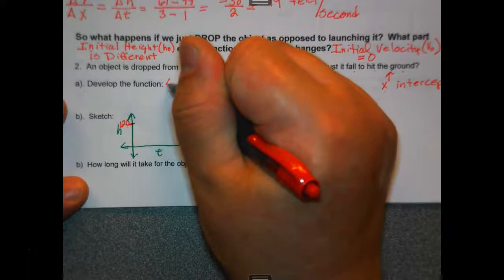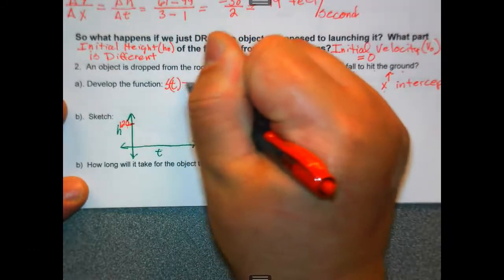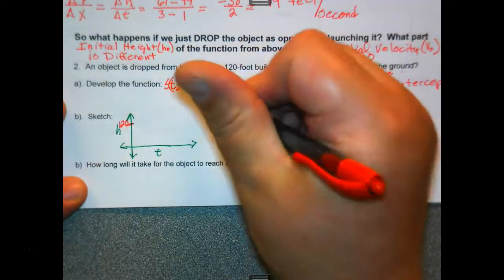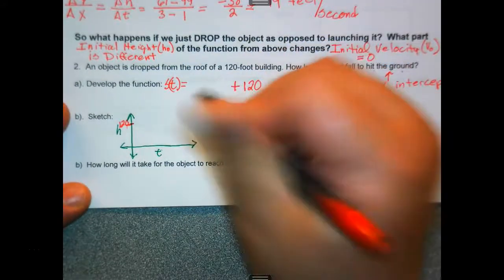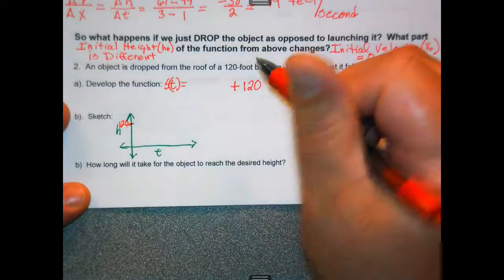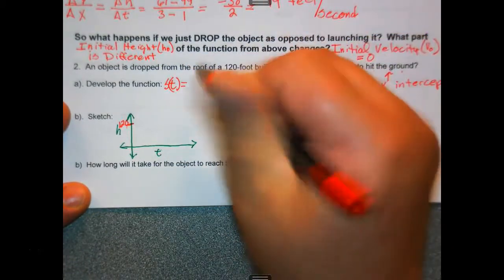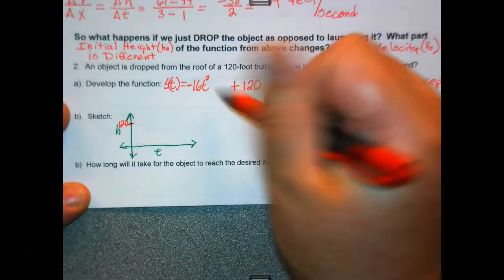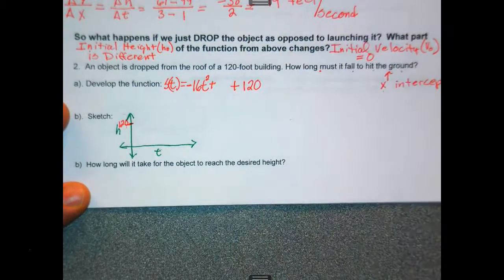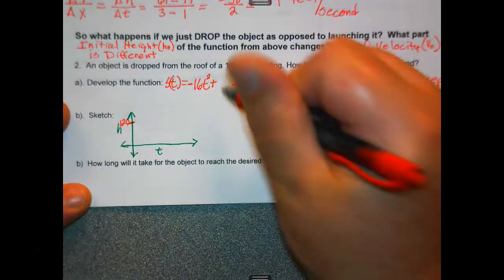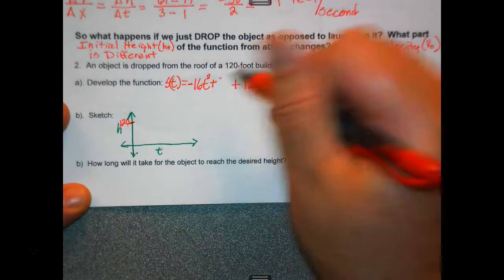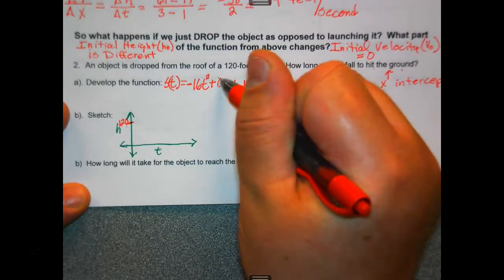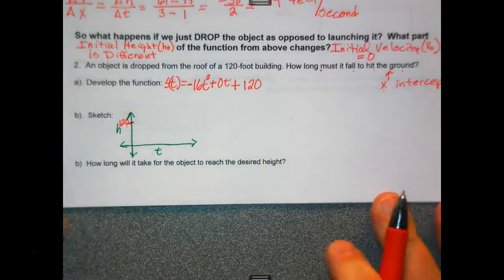I'm making our function at the same time. My initial function here, I'm going to use negative 16 because I'm in feet. So negative 16t squared, trying to find t, plus, again, what's our initial velocity? Our initial velocity is going to be 0. So 0t. So there's my equation.